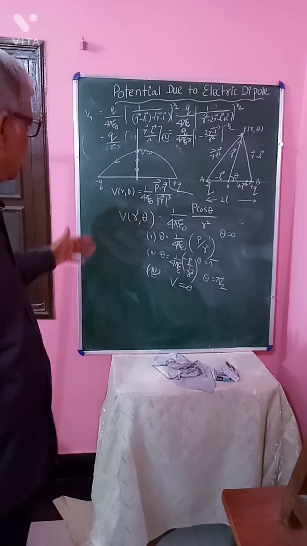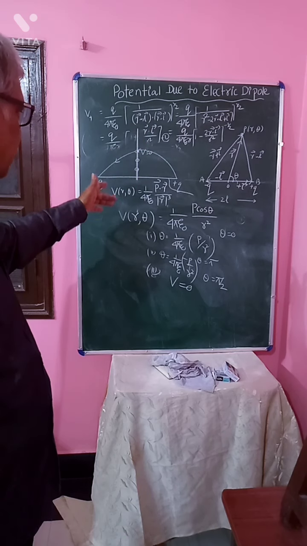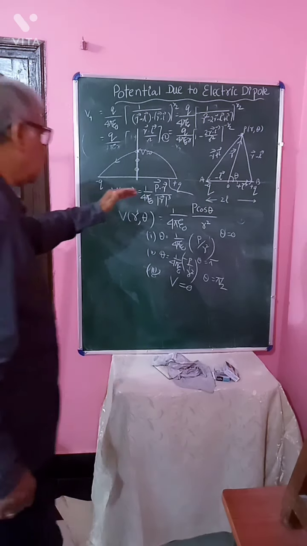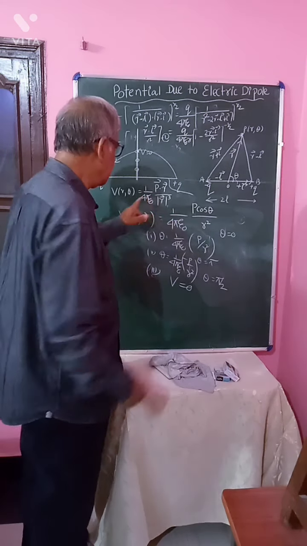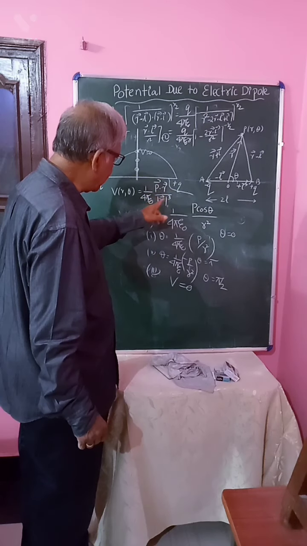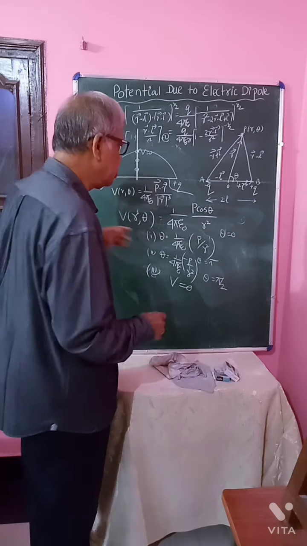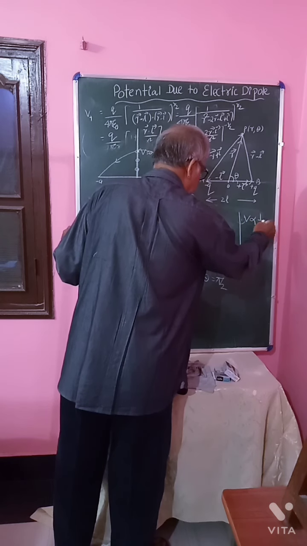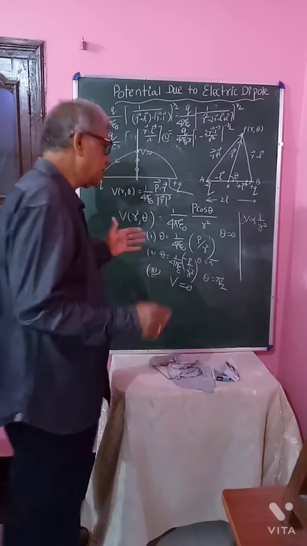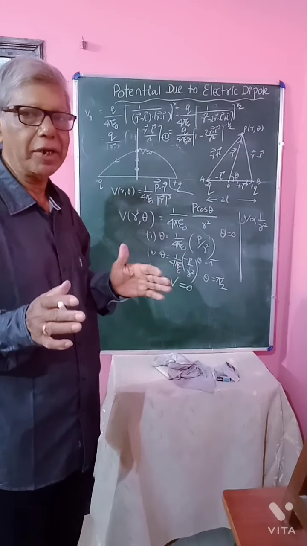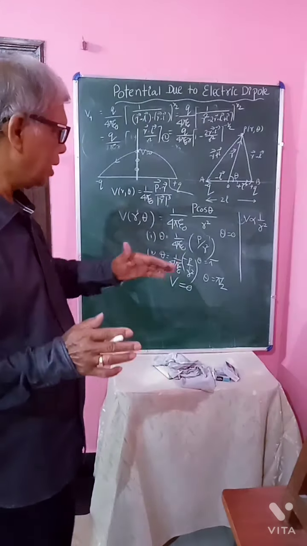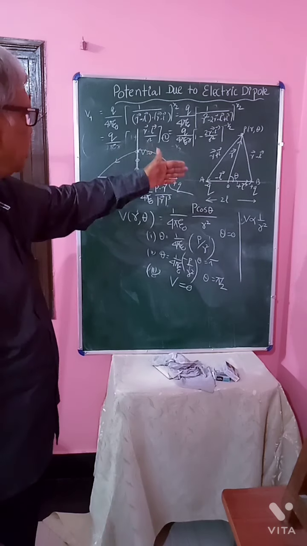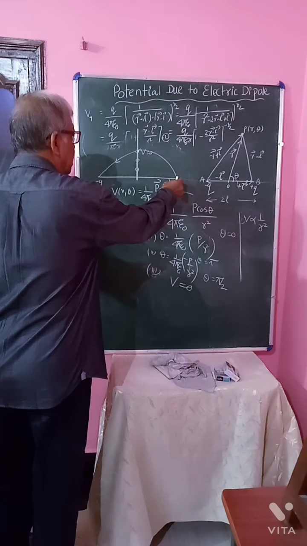So the potential at point P due to the dipole can be written as 1 upon 4 pi epsilon 0 times P dot R upon mod R cube, that is P R cos theta by R cube, R gets cancelled, R square. So this shows that the potential due to a dipole is inversely proportional to the square of distance, whereas the potential due to a monopole, a single isolated charge, is inversely proportional to distance. We can also trace the lines of force due to the dipole.